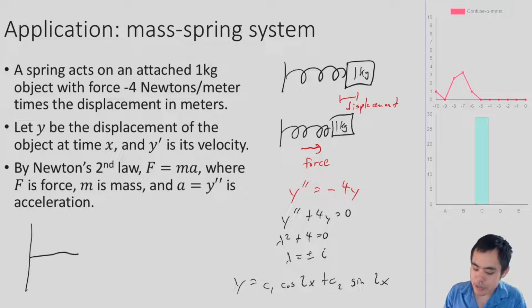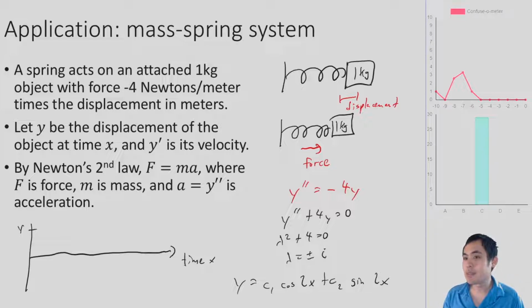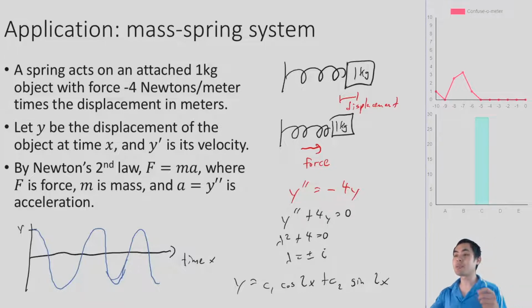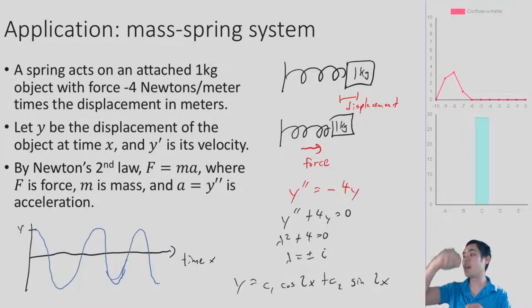What this means is that if you have some initial starting point, you're going to have some combination of a sine and cosine. So maybe it looks something like this in terms of the position, which makes sense, right? Because a spring is going to be oscillating back and forth, or up and down, depending on how you're turning your frame of reference.